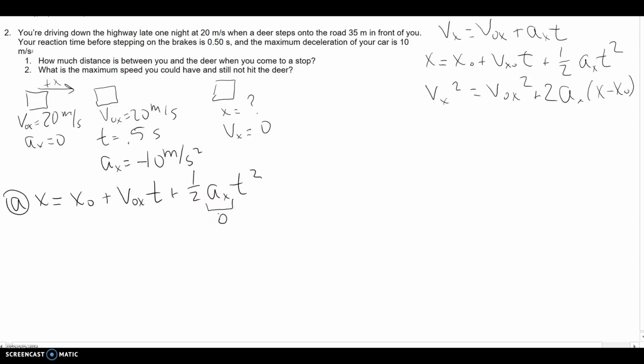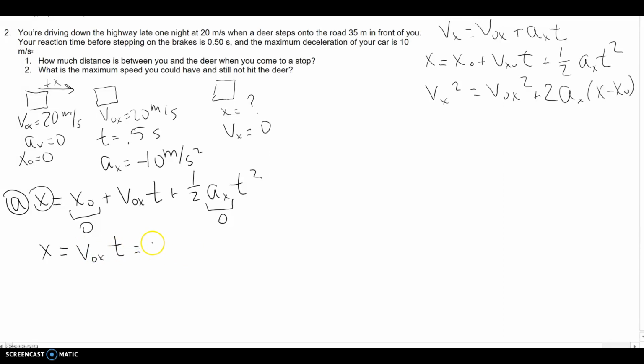I'm going to call our initial position, this spot here, this location, being 0. So we start at 0, and I want to see how far we go from that 0. So we're solving for a variable x here. We're saying we start at 0. So essentially our equation just reduces to our final position being our initial velocity multiplied by time.